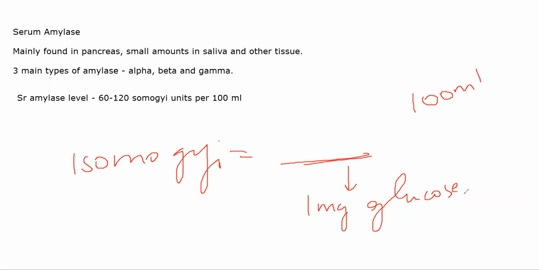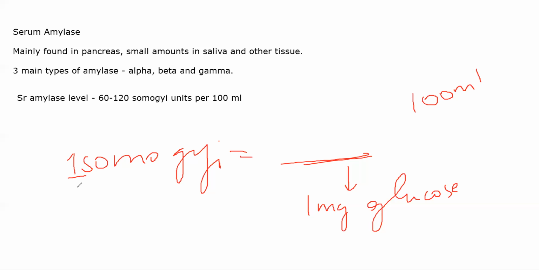Okay. Whenever you hydrolyze starches, you will end up getting glucose. So here you are checking how well amylase activity converts starch to glucose. That is represented in terms of Somogyi units: how much amylase is required to convert a certain amount of carbohydrate.